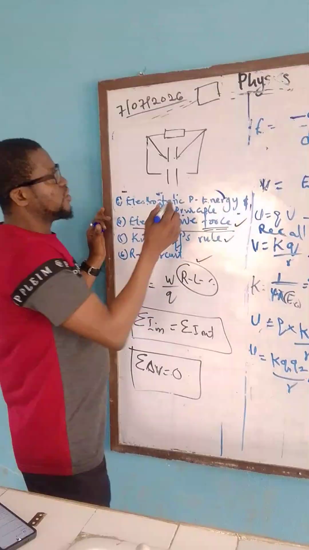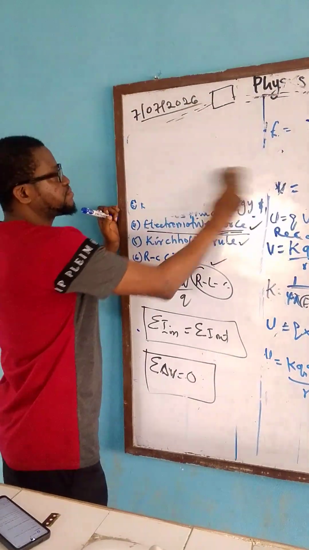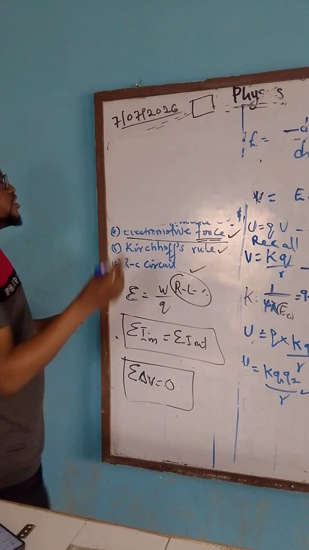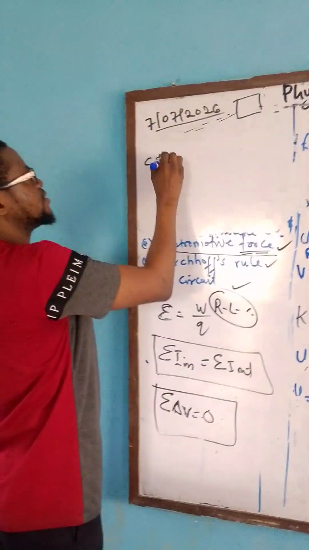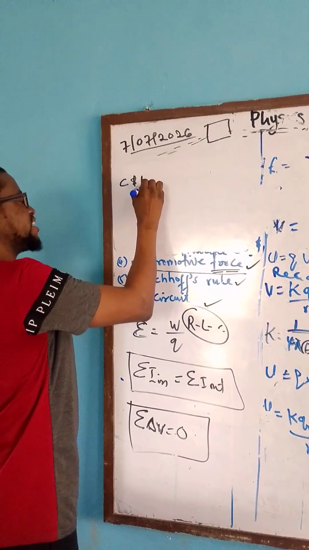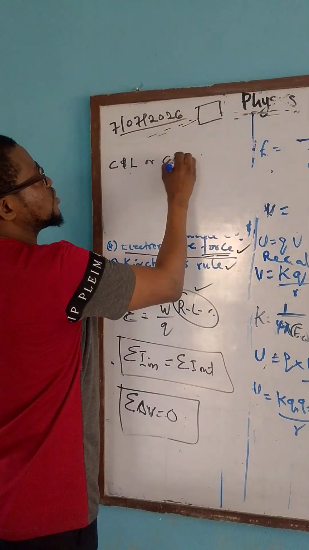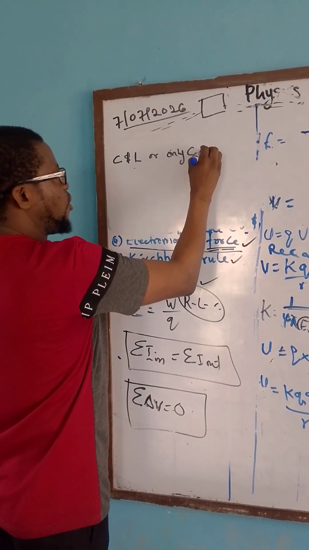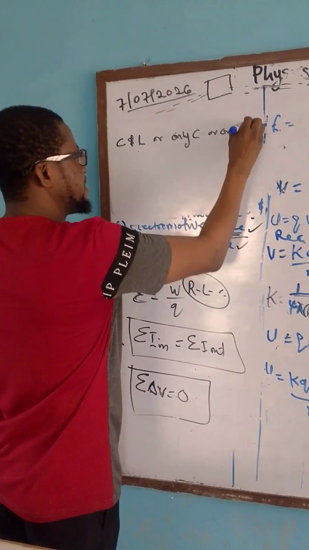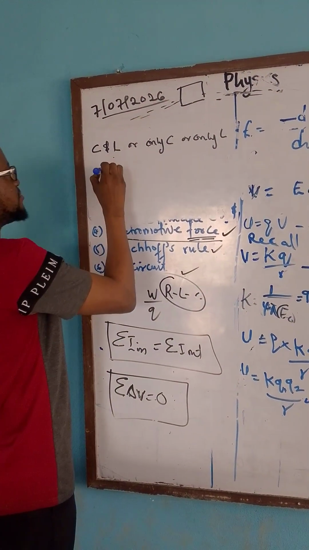But when only, okay, let's make it a little bit clearer. In a circuit where I have capacitor and inductor, or only capacitor, or only what? Inductor, it is called reactance. So the name is called reactance.